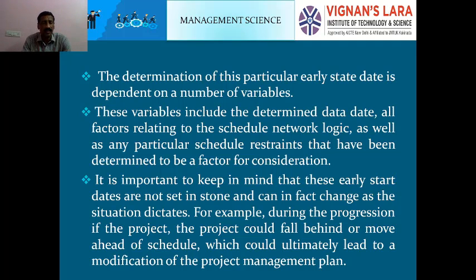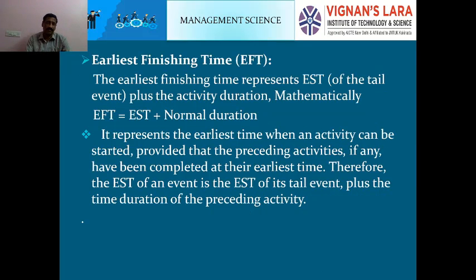Shortage of resources, where if you want to go to early start time can be made a delay. Earliest finishing time, as I said, 1-2: at 1 earliest starting, at 2 earliest finishing time. That is, the earliest finishing time is denoted by EST of the tail event plus the activity duration.